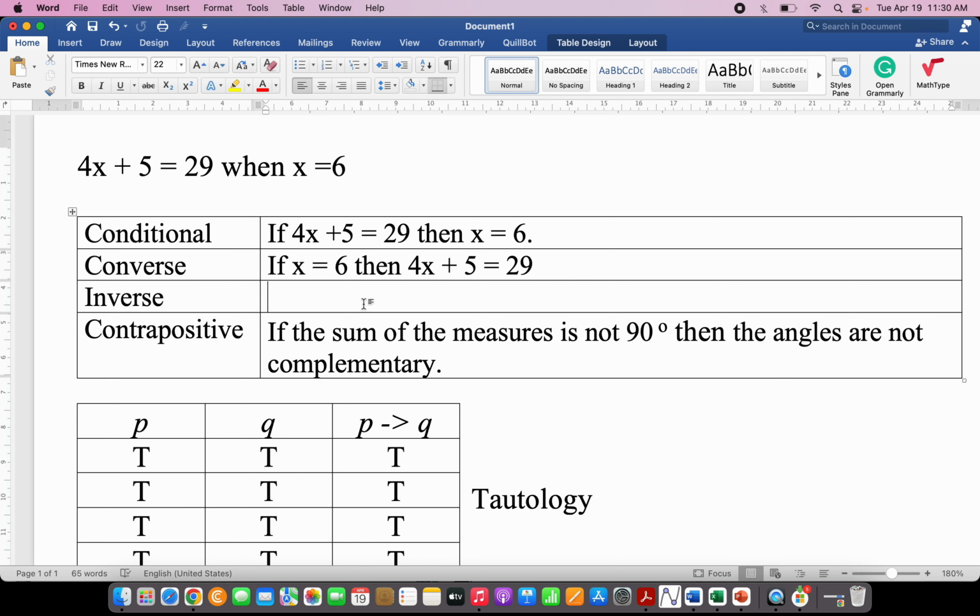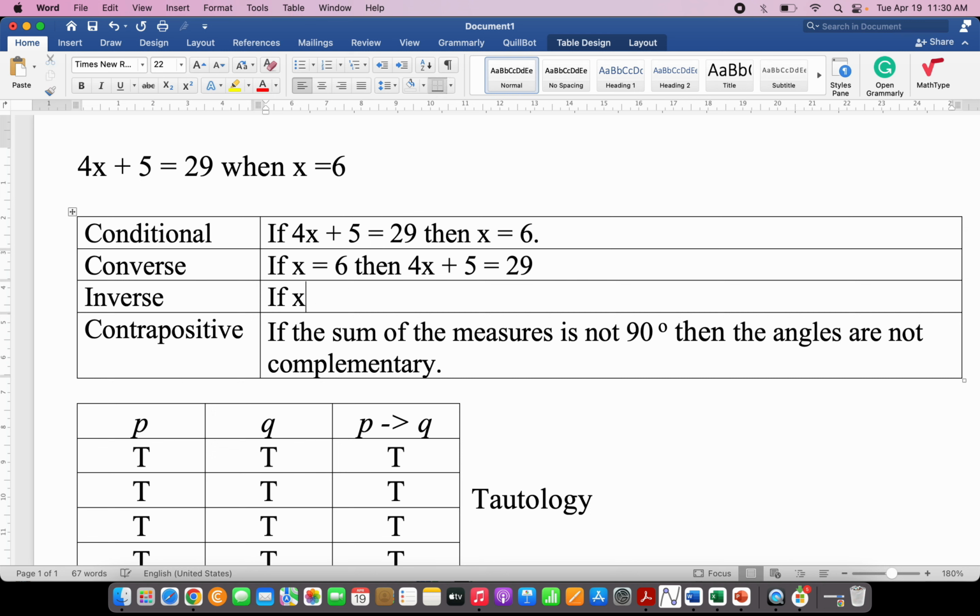And if 4x plus 5, how do we negate a statement like this one? Di ba equal sign siya? Meaning, the negation of equals is not equal to.